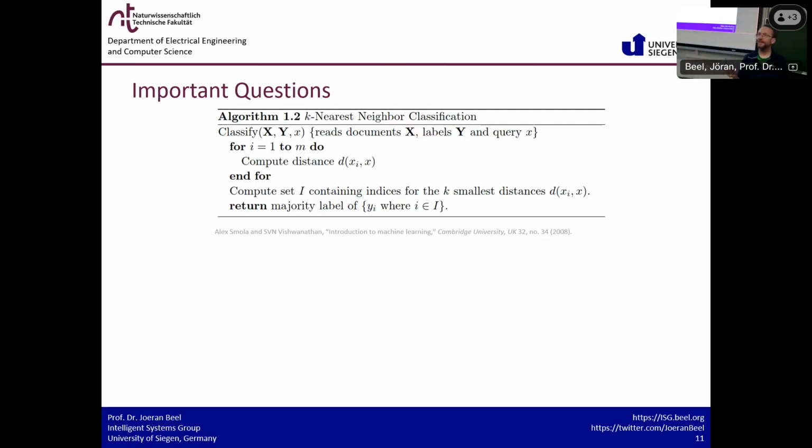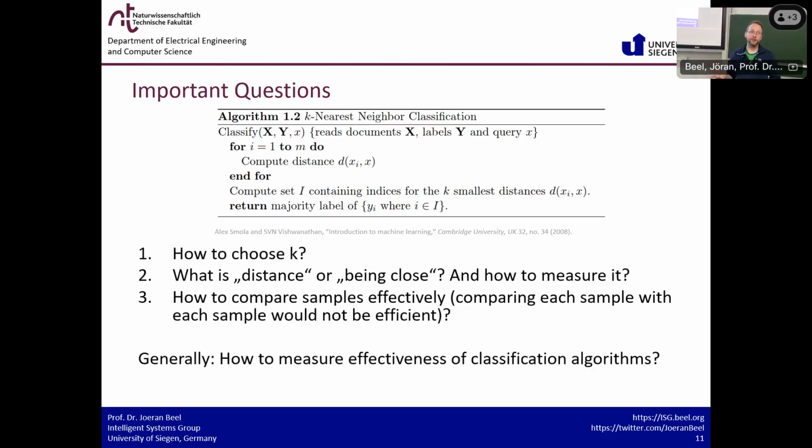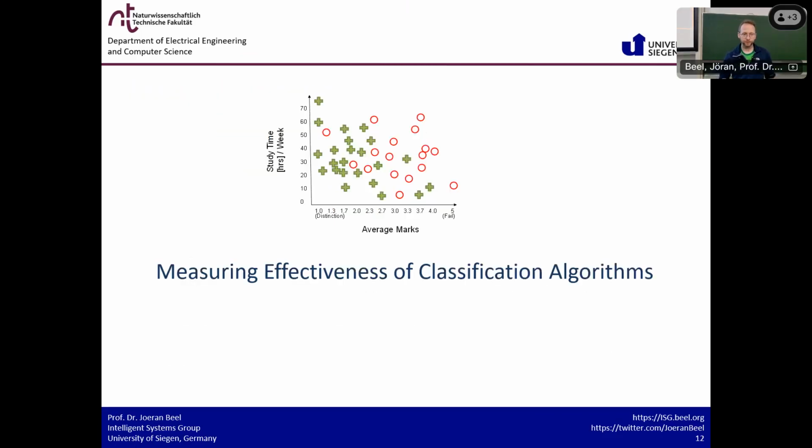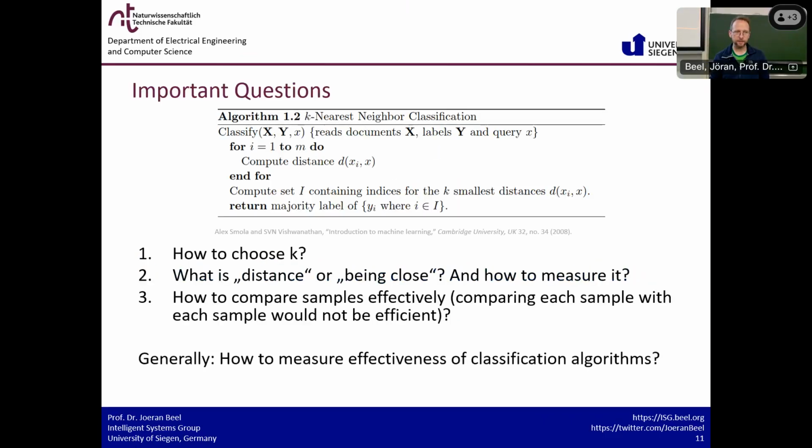How to calculate the distance. The third point is how to do this effectively, because otherwise it would be too much computational time most of the time. We will look at the first two questions now: how to choose K, and what is the distance, or what does it mean to be close, how to measure it. And we will just talk again about accuracy and how to measure effectiveness.